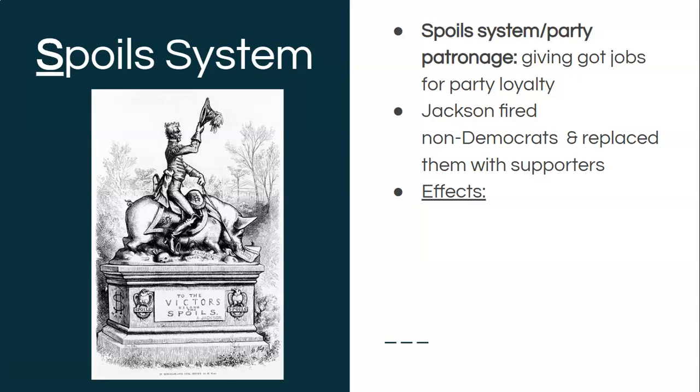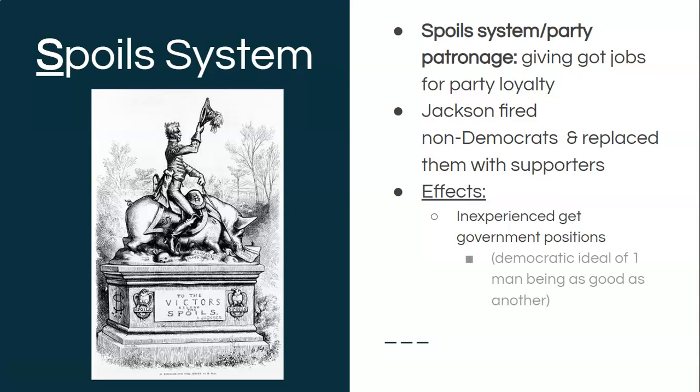The effect of this is that the inexperienced often got government positions, which means that they don't know how things run, they don't know the process or all of the government intricacies that are required to get things done in a bureaucracy.